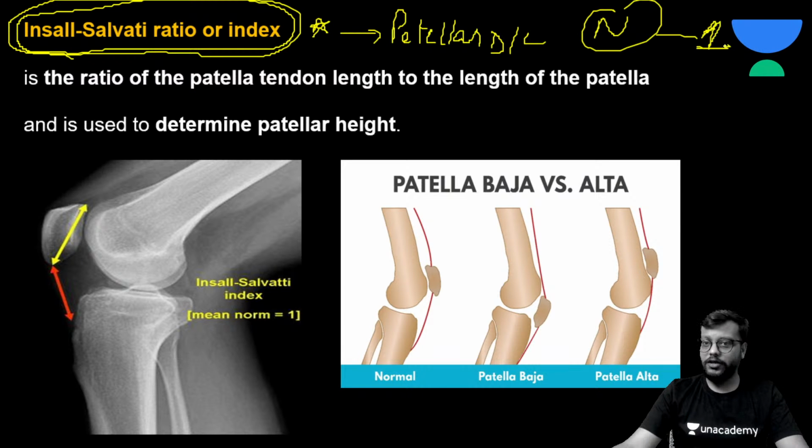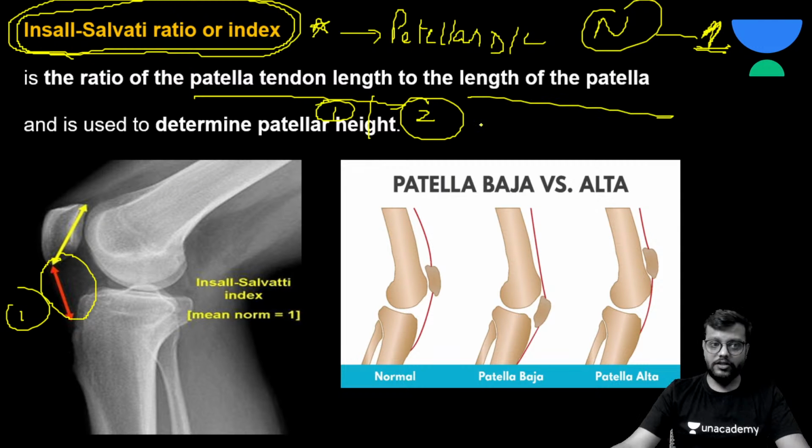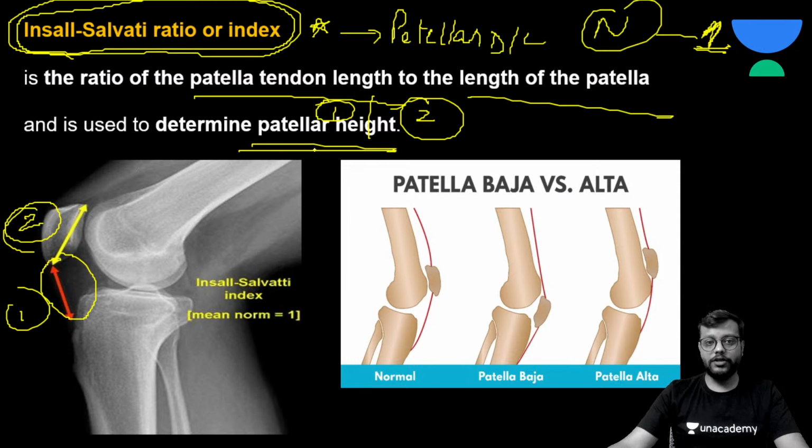It is basically a ratio of the length of the patellar tendon, first part, upon the length of the patella, second part. It is used to determine the patellar height.